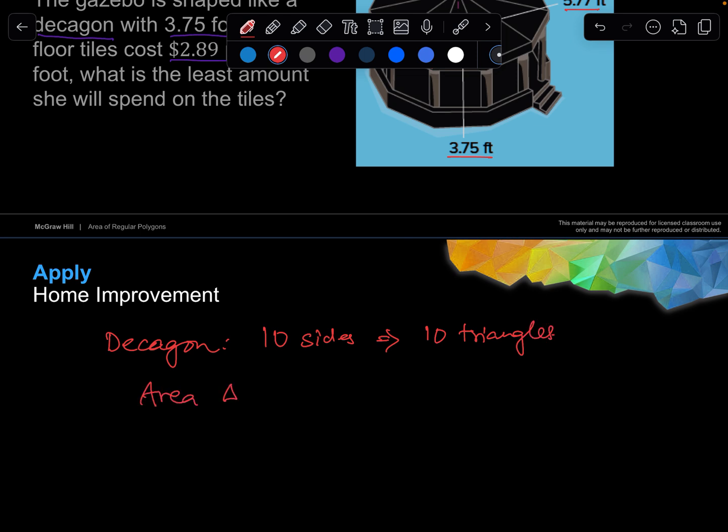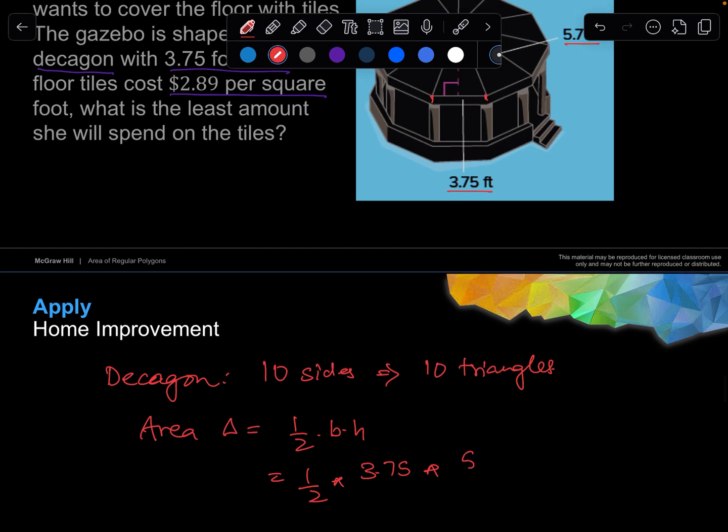Area of a triangle equals half times base times height, which is equal to half times 3.75 times my height, which was 5.77, right?